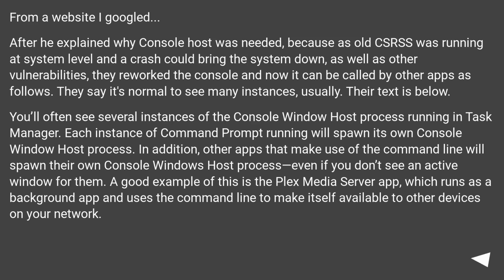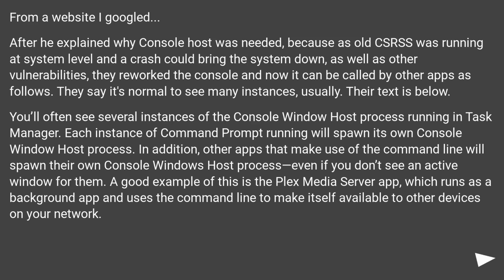You'll often see several instances of the console window host process running in Task Manager. Each instance of command prompt running will spawn its own console window host process. In addition, other apps that make use of the command line will spawn their own console window host process, even if you don't see an active window for them.